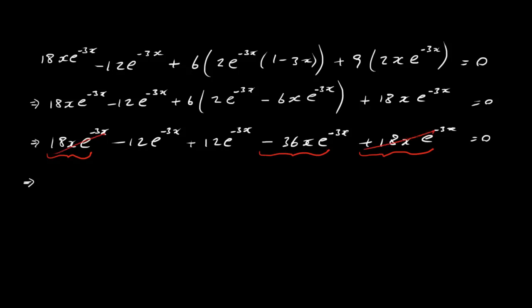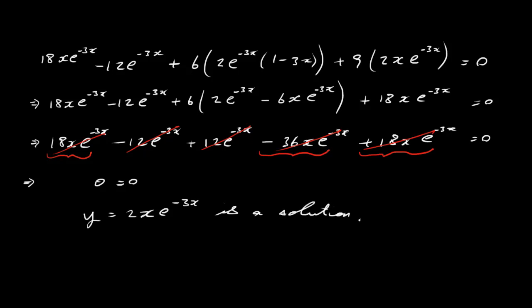So these will give me 0. And here I do have minus 12e to the power of minus 3x, and I have plus 12e to the power of minus 3x, so that gives me 0. So I do in fact end up with 0 is equal to 0. So in other words, y is equal to 2x e to the power of minus 3x is a solution.